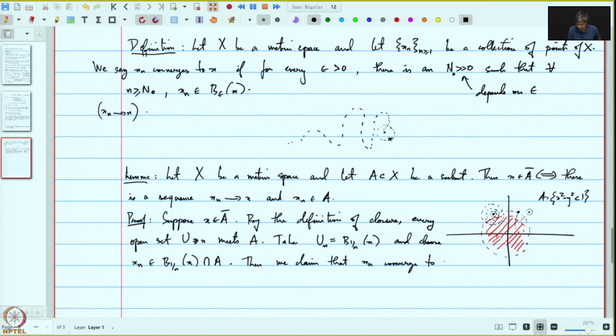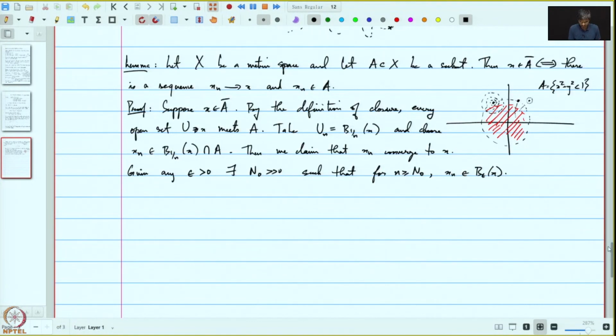converges to x. So to prove this, what do we need to show? We need to show that given any epsilon positive, there exists some n naught very large such that for n greater than or equal to n naught, we have xn belongs to B(epsilon, x).